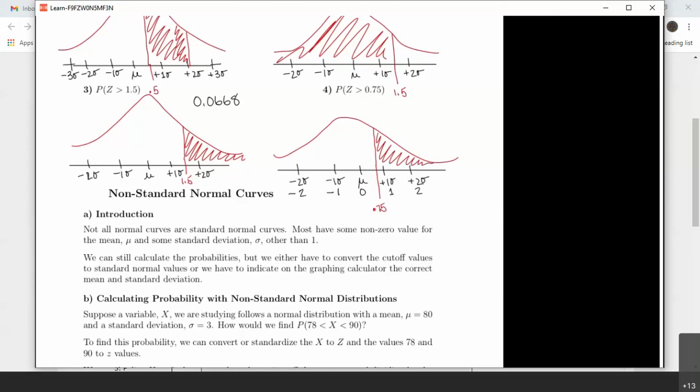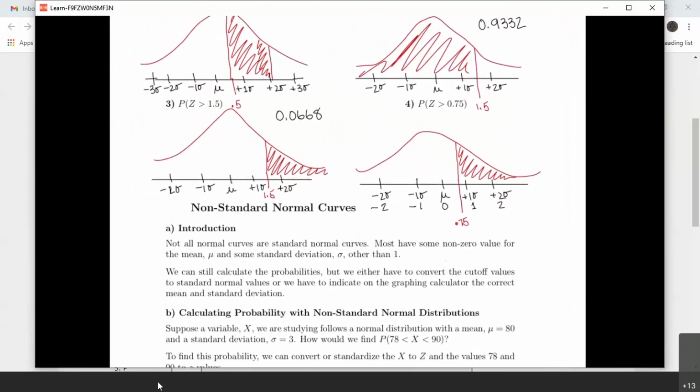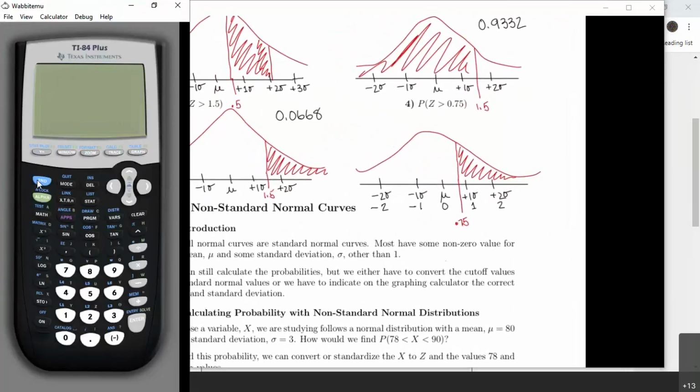If I were to do that on my TI, second distribution, normal CDF. My lower value is 0.75, and my upper value is positive infinity, right? So 1 second E 99, to get second comma to get the E, and then 99.